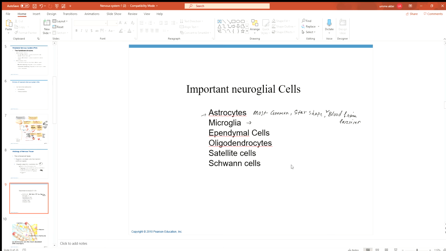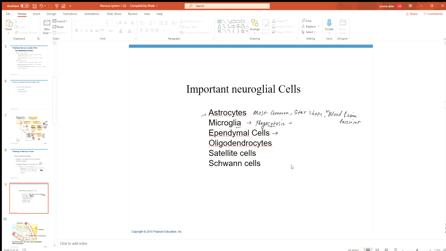Microglial cells help by engulfing dead cells or microorganisms. So phagocytosis is the function of the microglial cells. They can engulf the microorganisms or dead cells.